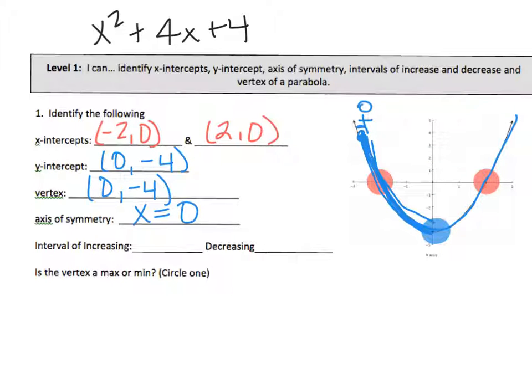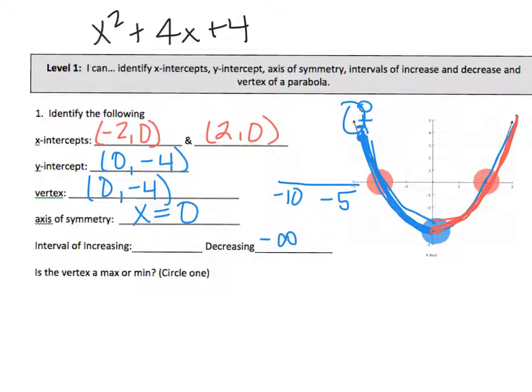I'm going to do this in blue. And his intervals of increasing would then be, as soon as he gets to the bottom of the hill, he's going to go back up. So much like when we did domain, we always talked about the x values. That's the same thing with intervals of increasing and decreasing. You're still talking about the x values. So the blue values, if you notice that there's a little arrow down there, it's going to start decreasing from -infinity, okay, because the x values keep getting more and more negative, like this -5 and -10.